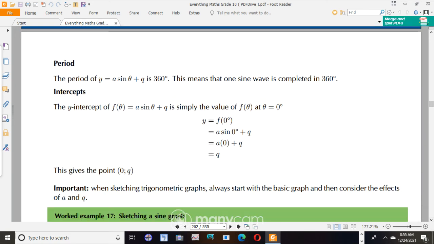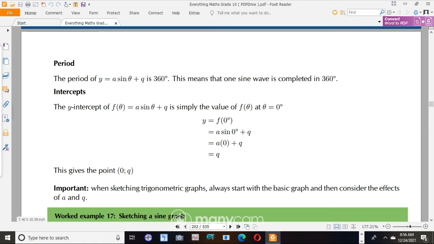Period. The period of y equals a sin theta plus q is 360 degrees. This means that one sine wave is complete in 360 degrees. Intercepts. The y-intercept of f of theta equals a sin theta plus q is simply the value of f of theta at 0 degrees. So y equals f of 0 degrees, a sin 0 degrees plus q, which is a times 0 plus q, so y is equal to q.